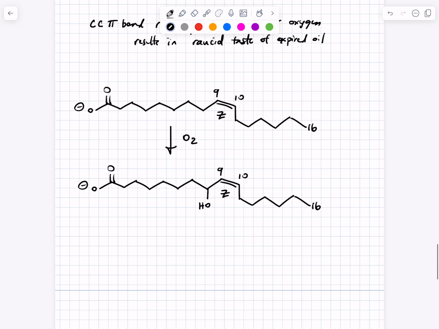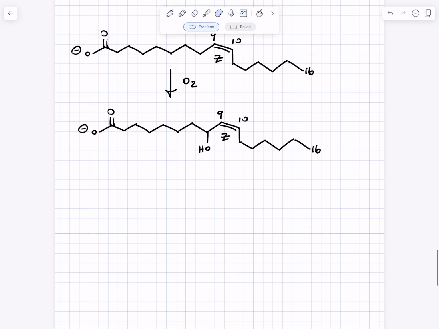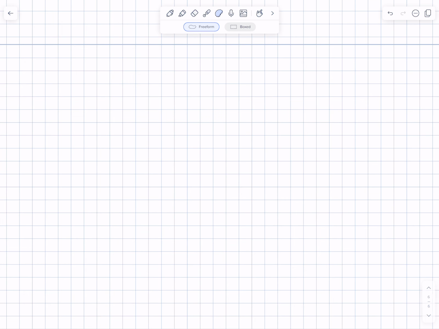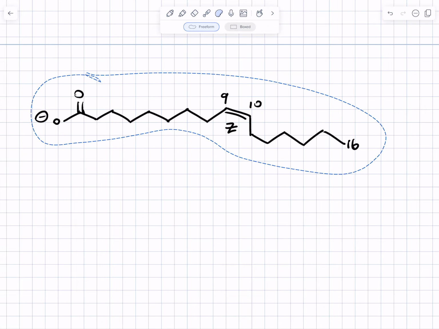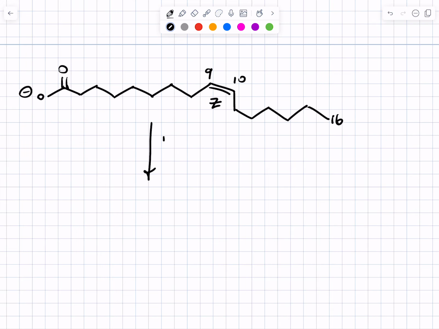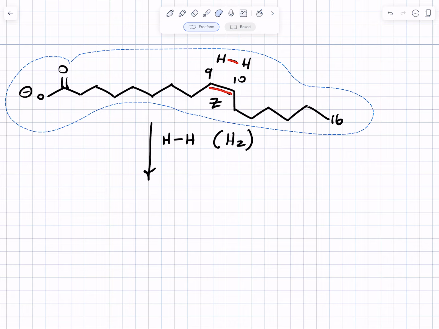So one of the strategies for preventing this from happening is to do a reduction reaction in which you add hydrogen, or H2, across the double bond. In this reaction, I'm going to replace the hydrogen-hydrogen sigma bond and the carbon-carbon pi bond with two new carbon-hydrogen sigma bonds.